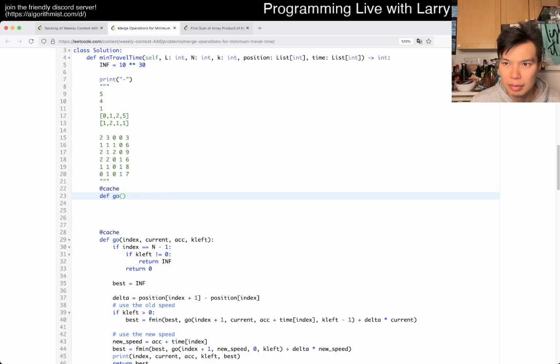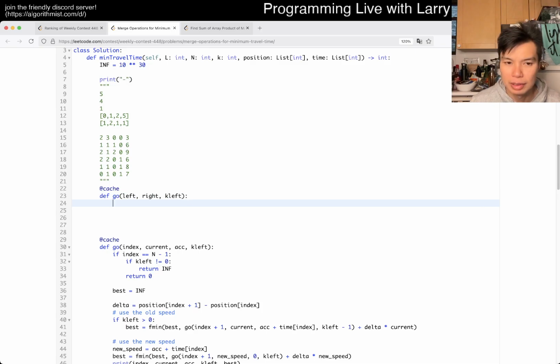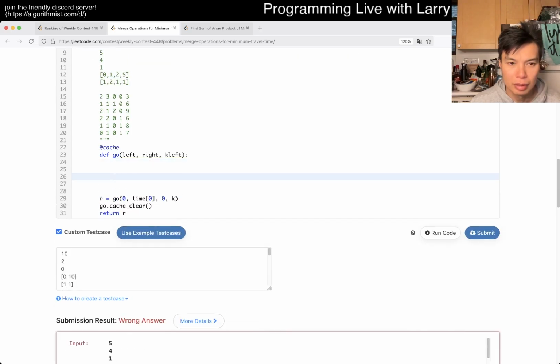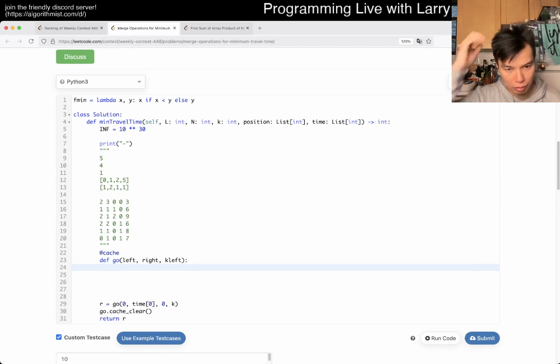Just left, right, K left, right. K left is for sure. What would this look like? Right. Okay. So what would this look like?